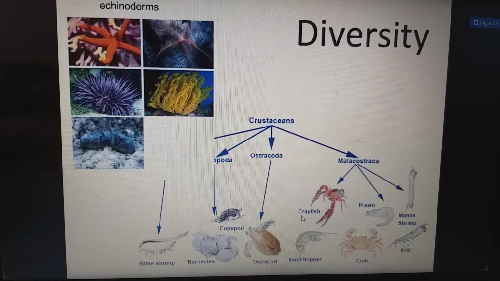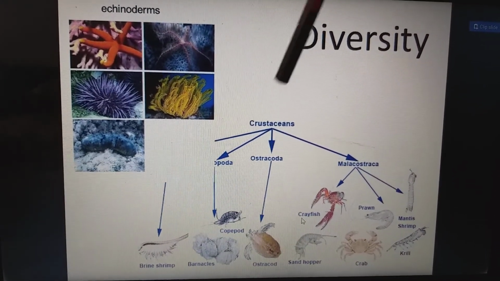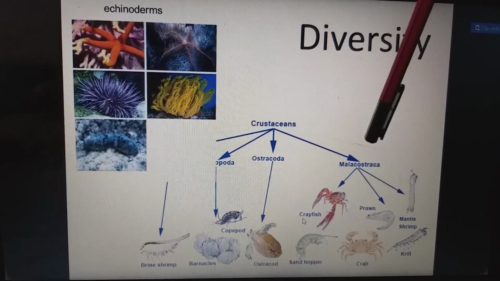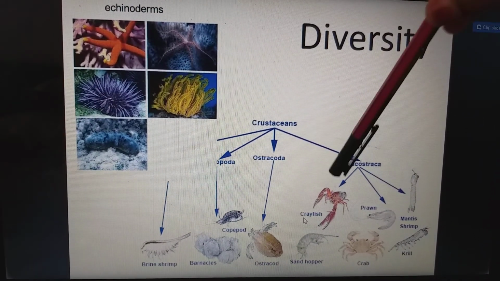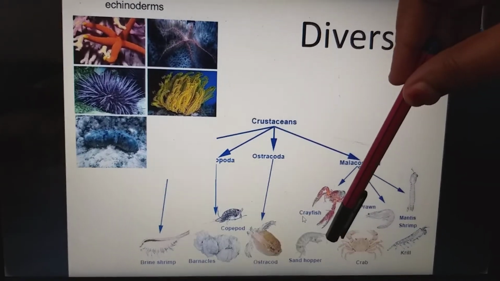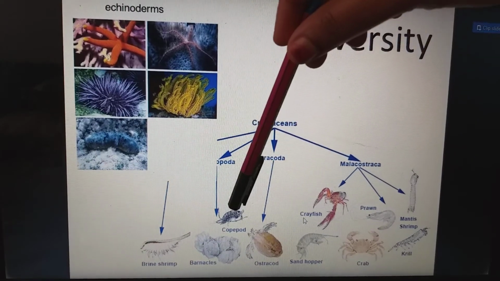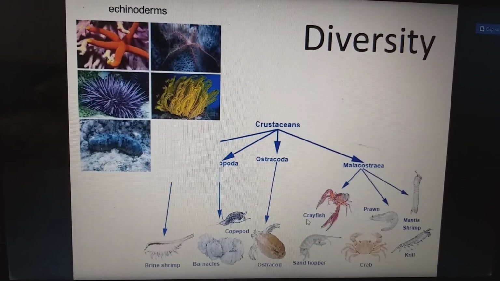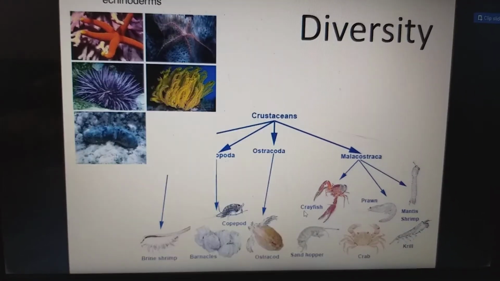Next, in this picture these are the echinoderms. We have the crustaceans, amphipoda, ostracoda, malacostraca, which are the crayfish, prawns, mantis shrimp, krill, crab, sandhopper, ostracod, copepod, barnacles, brine shrimp. All these things are different species, which tells us about the diversity.